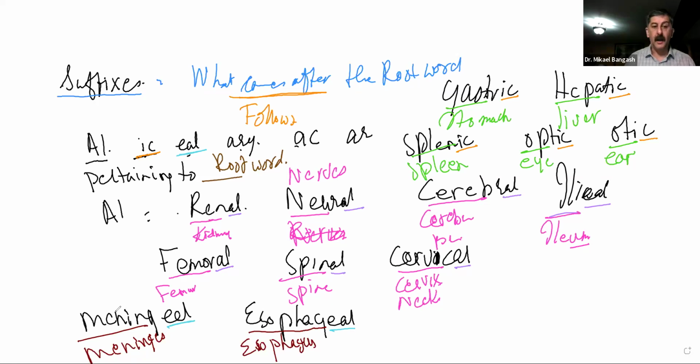Eventually it means pertaining to this, pertaining to that. But why -al and not -ic? Why -ary and not something else? Not only that, but it also has to sound good.